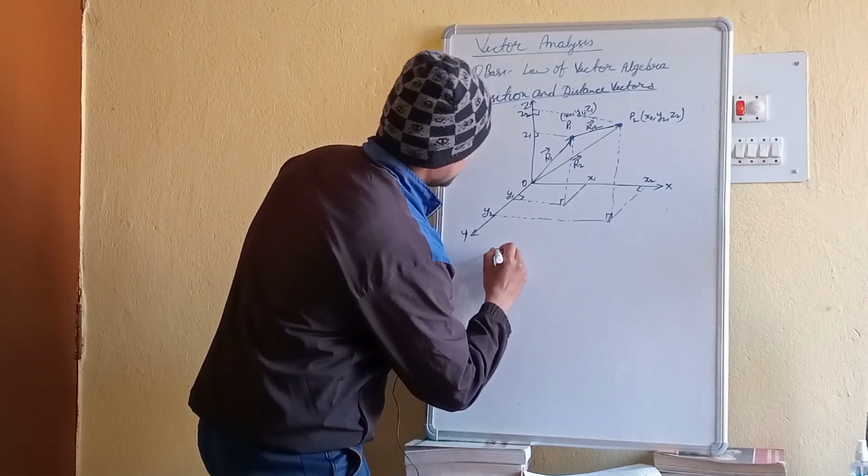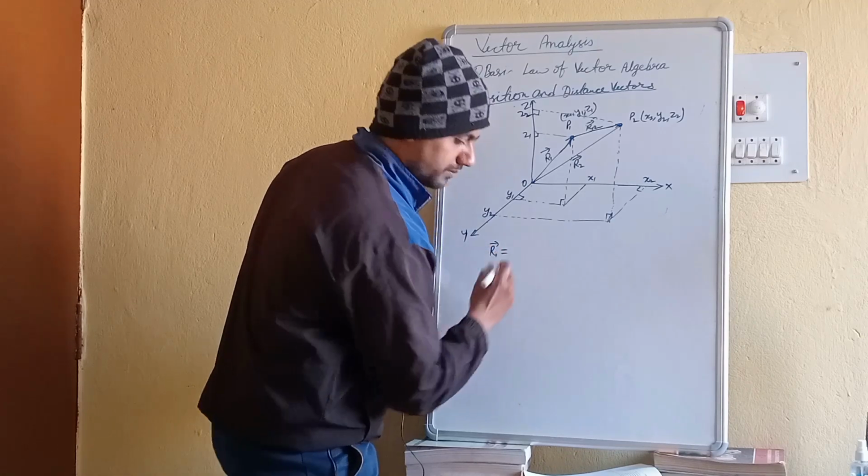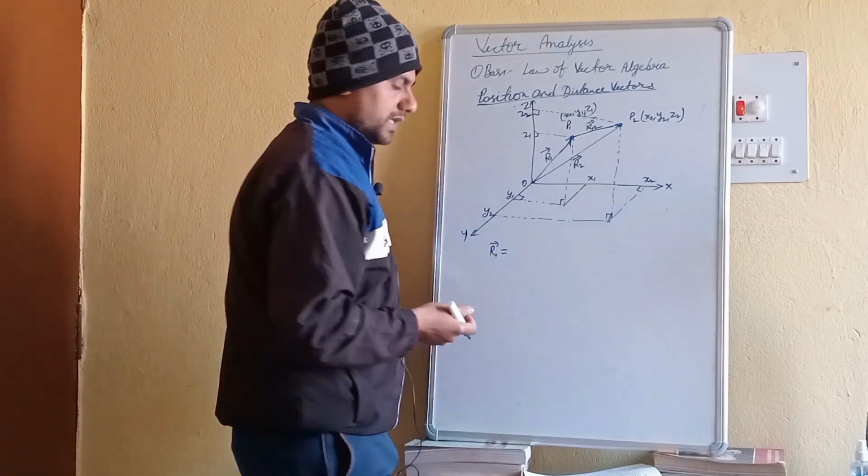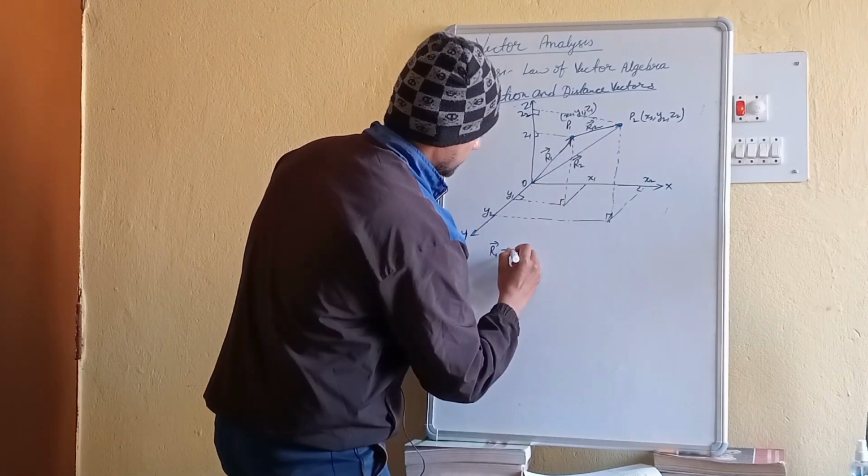So first I'm going to represent r1. The r1 vector, here you have OP1, because it is from origin to P1, so that's what I can write.